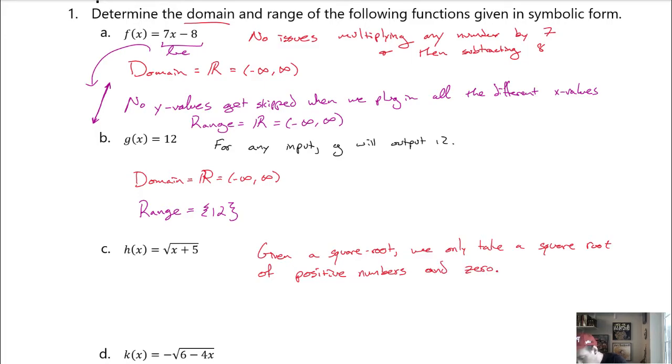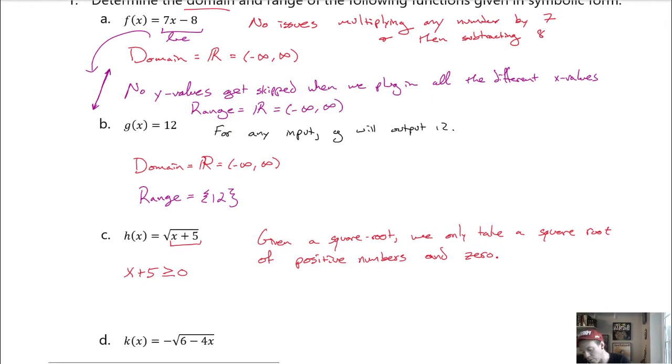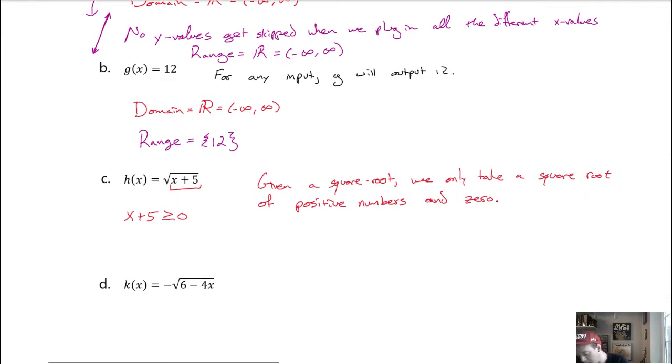Right? So when I look at the inside of the square root, we get that the x plus 5 needs to be greater than or equal to 0, otherwise I wouldn't be able to take its square root. So our restriction for the domain is that the inside of the square root must be positive or 0. So I set up an inequality here, and then we can solve this inequality to get x is greater than or equal to negative 5.